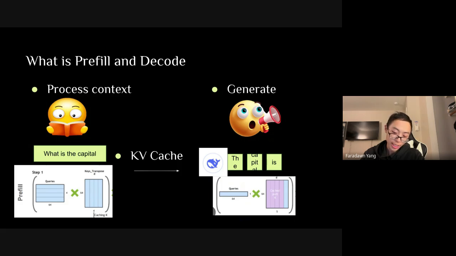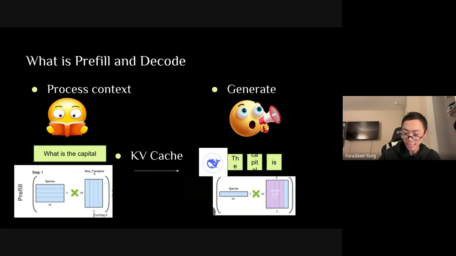So the resulting attention is an n by n matrix, whereas in the generate phase, the decode phase, you output one token at a time. So each time it is 1 by d multiplied by d by n. So it's 1 by n computation. That's why prefill is very slow, and decode is fast.